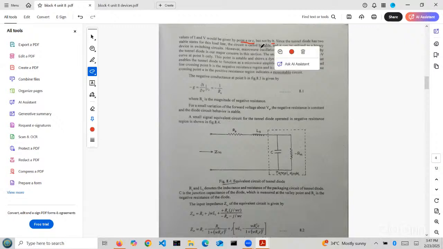This load line is called a bistable multivibrator. Next, same way, draw another load line. You will get which one? Astable multivibrator. Another load line, if you draw, which one will you get? Monostable multivibrator. So we are getting bistable, astable, monostable using 3 load lines.